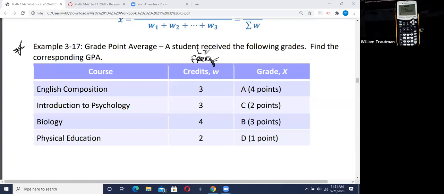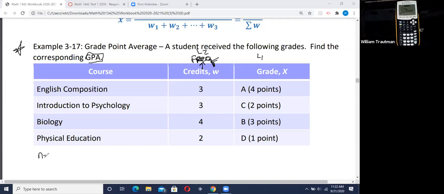Frequency always goes in list 2 when you're typing it in. So just above in your workbook or notes, when you're calculating your GPA, your grade point average, credits is your frequency. Credits are going to go into list 2. The grades are going to go into list 1. And we're talking about numerical grades.